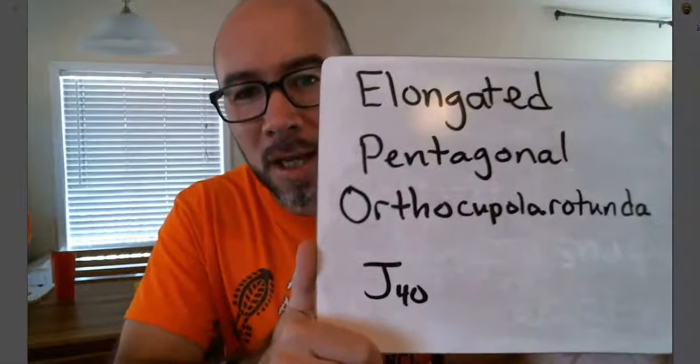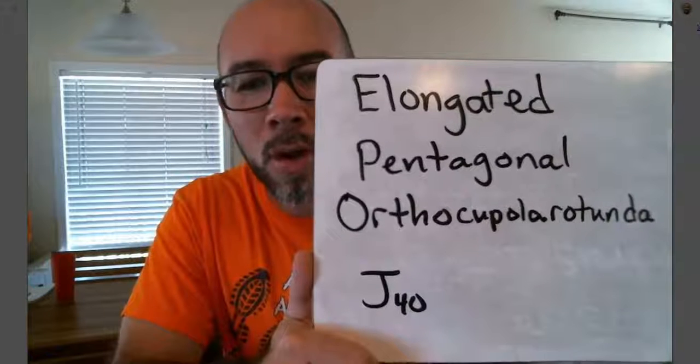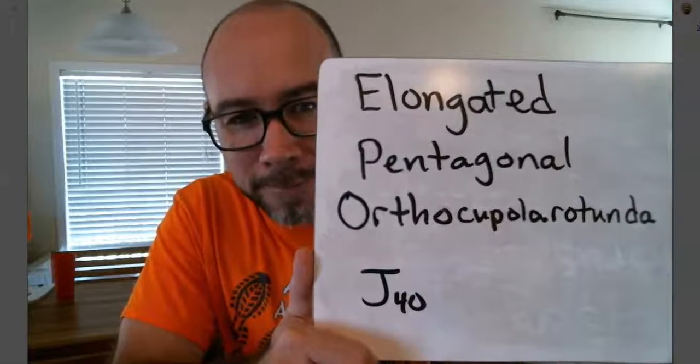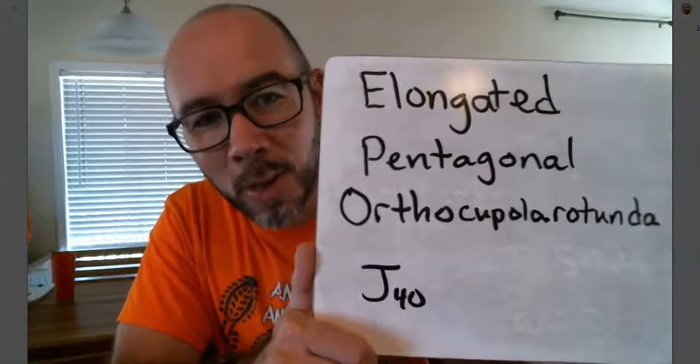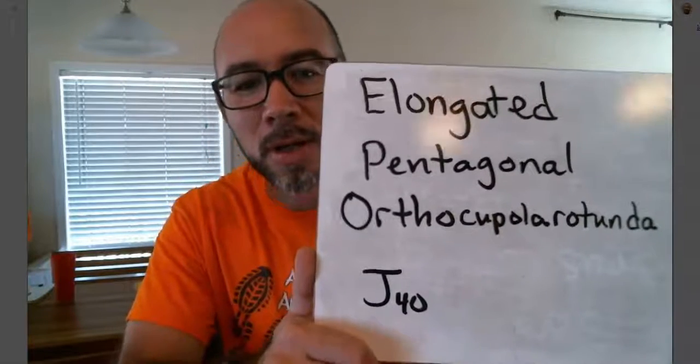Okay, so say that, let's repeat it. An elongated pentagonal orthocupola rotunda. It's nice to know your word parts, isn't it? Yes, orthocupola rotunda, Johnson solid number 40, and here it is as a constructed thing.